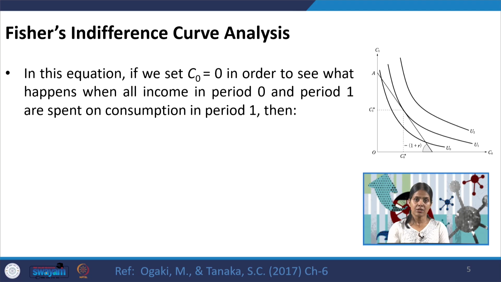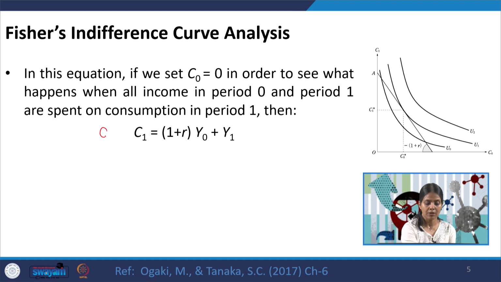In this equation, if we set C0 equal to 0 in order to see what happens when all income in period 0 and period 1 is spent on consumption in period 1, then we have C1 equals (1 plus R) Y0 plus Y1. Here we are just making C0 equal to 0. If you remember, it was C0 plus 1 upon (1 plus R) into C1.